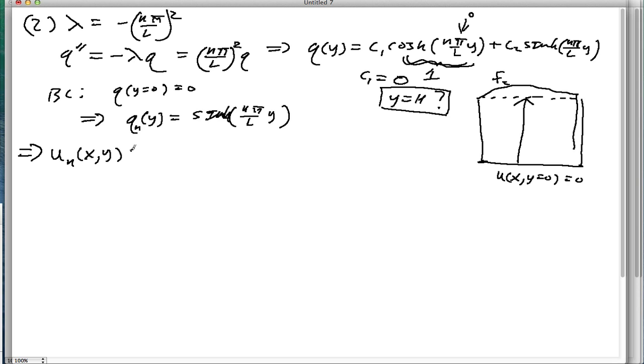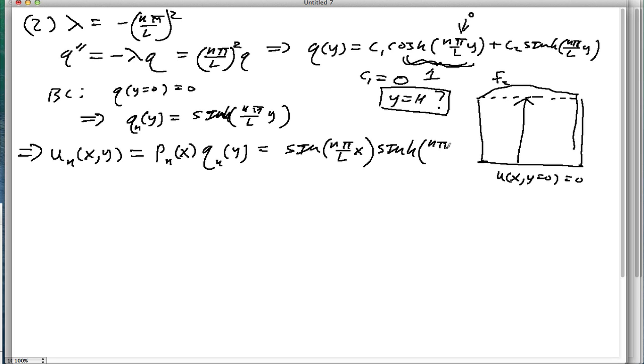U of n x comma y is equal to p of n of x, q of n of y, equal to sine n pi over L x times sinh n pi over L of y. So this is our family of solutions. And recall, this is from n is equal to 1 all the way to infinity. Each one of them works just fine.